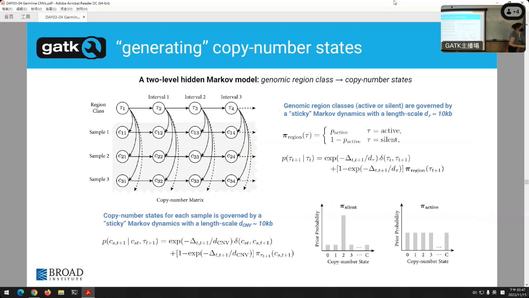In addition to depending on the genomic interval class, the copy number state is also sticky. So that means that if you have an interval that has a copy number variant, then its neighbor is also more likely to have a copy number variant, but they would actually be part of the same event.